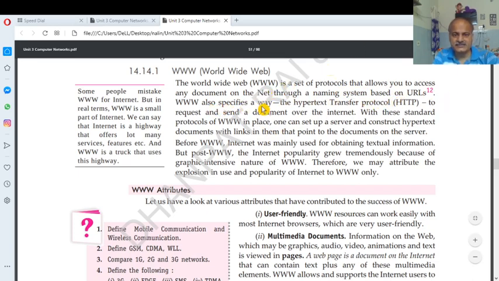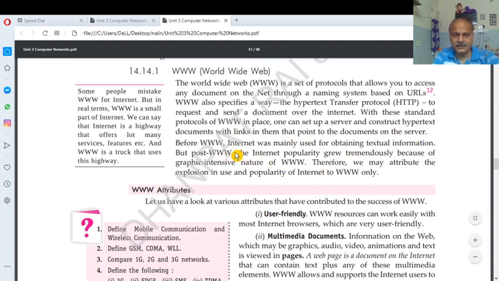WWW also specifies a way, the Hypertext Transfer Protocol, HTTP, to request and send a document over the internet. With these standard protocols of the WWW in place, one can set up a server and construct hypertext documents with links in the terms that point to the documents on the server.